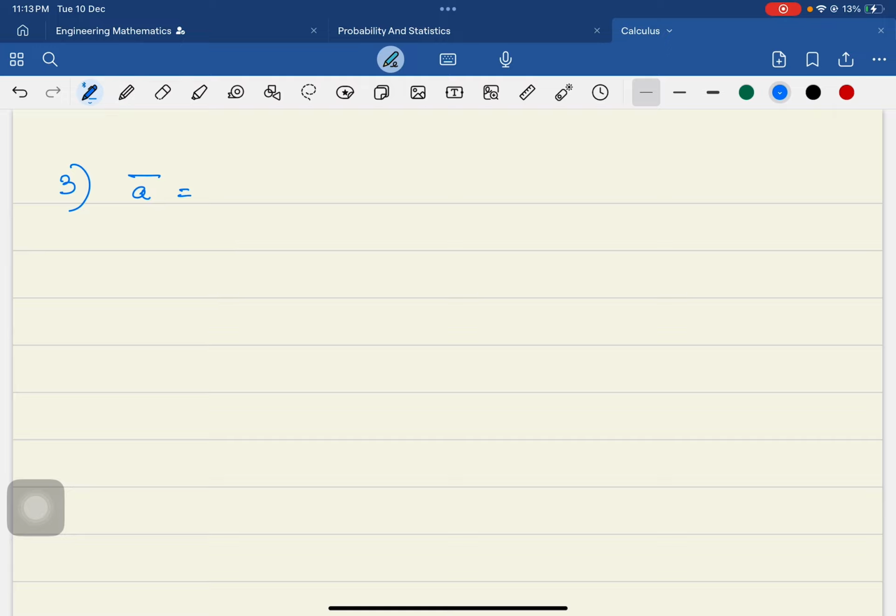If A bar is given by 3i plus 2j minus 3k, and b bar is given by 4i minus 3j plus 2k, find A dot b. So what is the dot product?